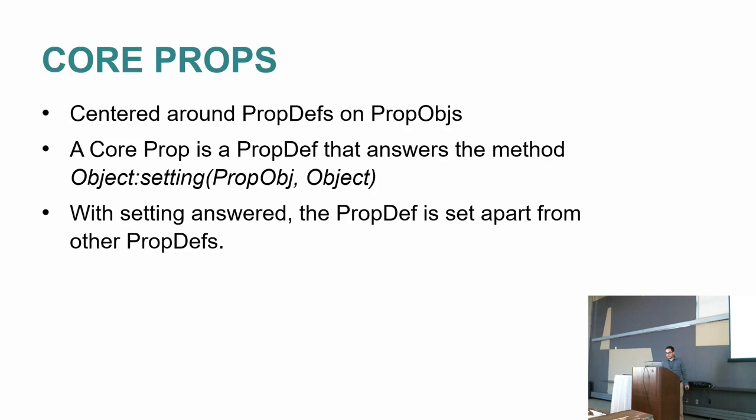So in other words, if a prop def returns a value from this setting, then the prop def is actually set apart from other prop defs, and it's tagged in a different manner, and it's treated as a core property. So you can kind of think of these settings as synonymous with a core prop.